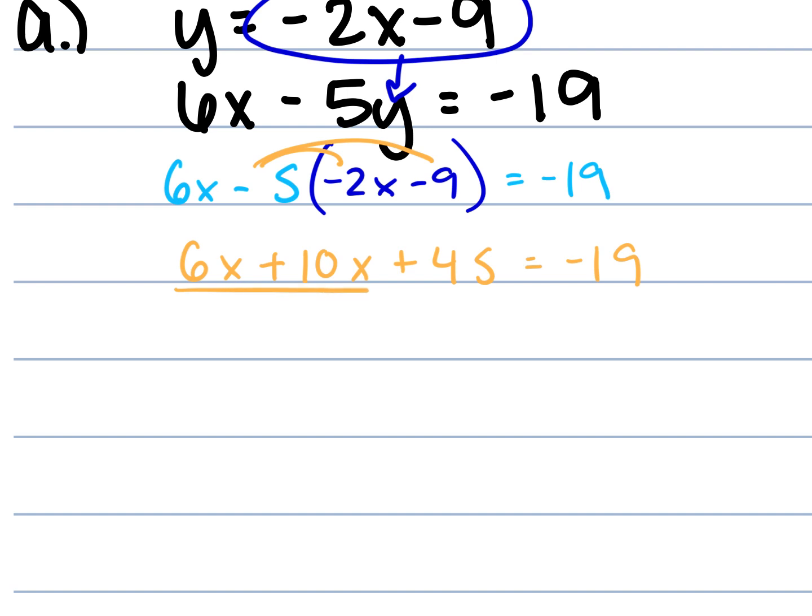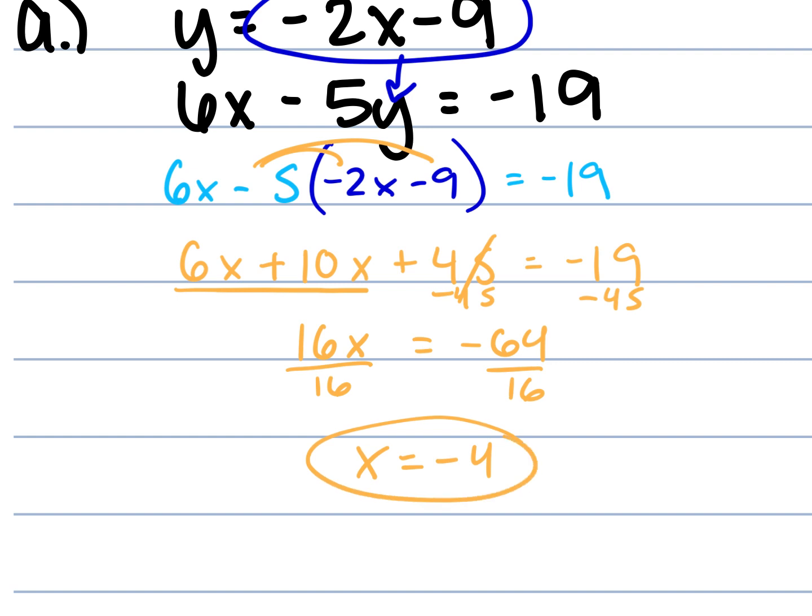So 6x plus 10x is 16x. What else could we do? Subtract 45 to move it to the other side. So 16x is equal to what? Negative 64. Then what should we do? Divide by 16. So what does x equal? Negative 4.